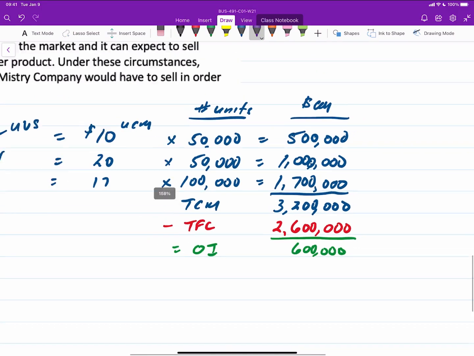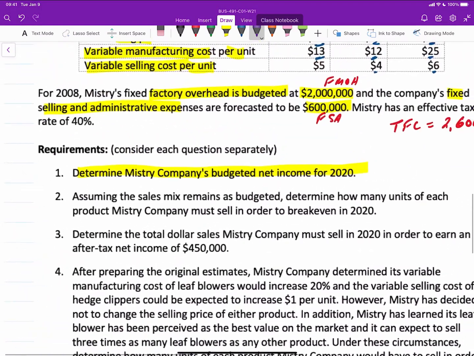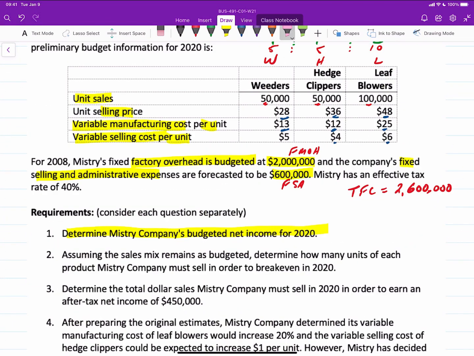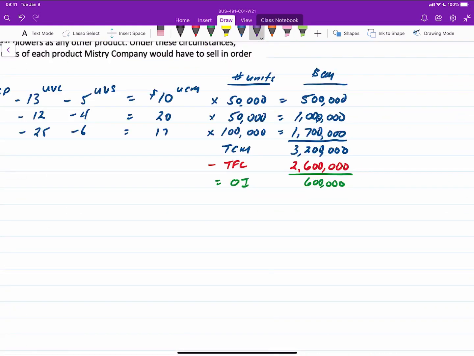Now, to determine the taxes, we would either have to deduct the income tax at whatever the rate is, or we could multiply by the after-tax rate. So if we look at the data right here, we have income taxes, an effective tax rate of 40%. If we want to jump right to net income, we would simply multiply by 1 minus the tax rate.